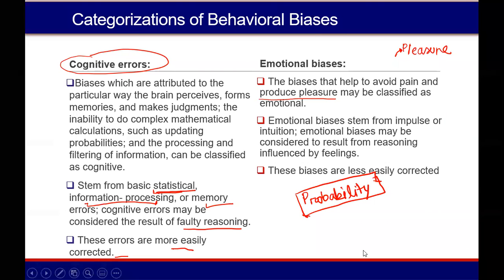Okay. The issue is that we make mistakes in these statistical things. It's not that we make mistakes intentionally. We make mistakes unintentionally. For example, there's a formula for Bayes theorem to adjust the existing probability with the recent or new information.